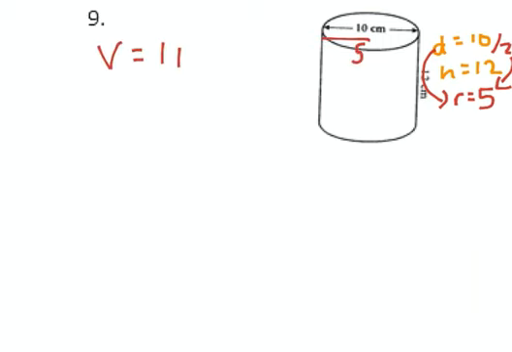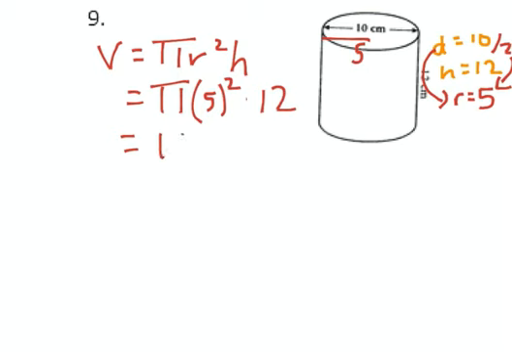So go ahead and write the formula down again. Pi r squared times the height. So we have pi times 5 squared times the height, which we said was 12. Okay? Pi times 5 times 5. 5 times 5 is 25 times 12.